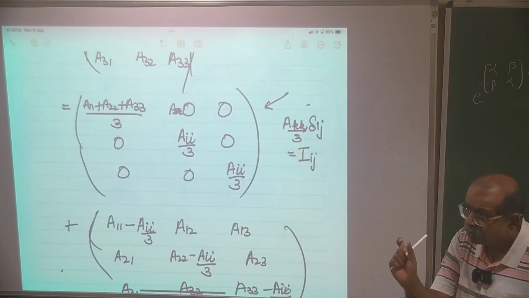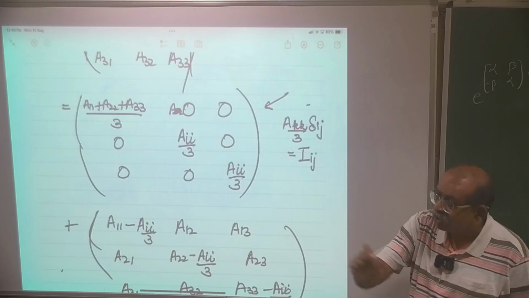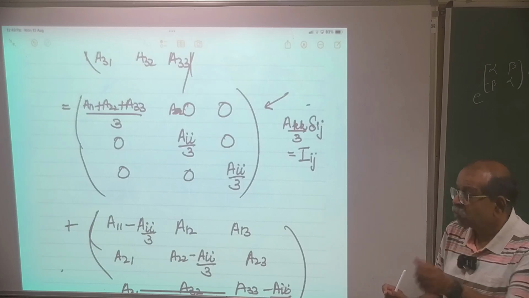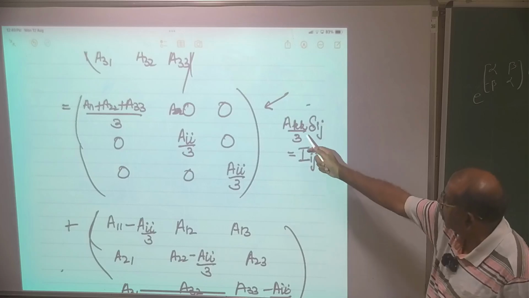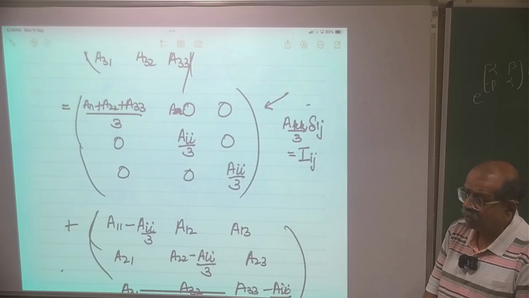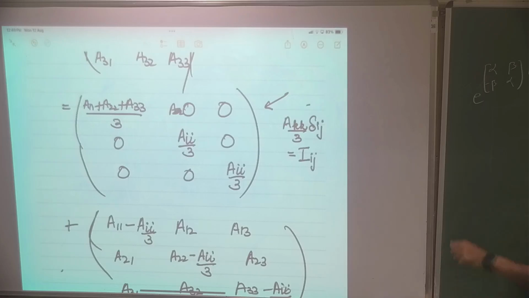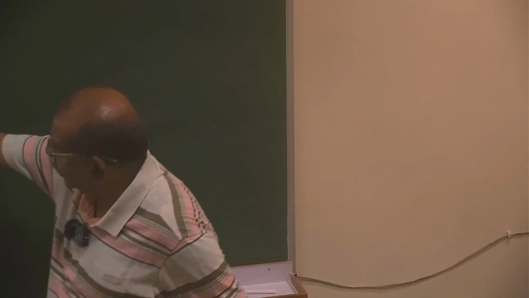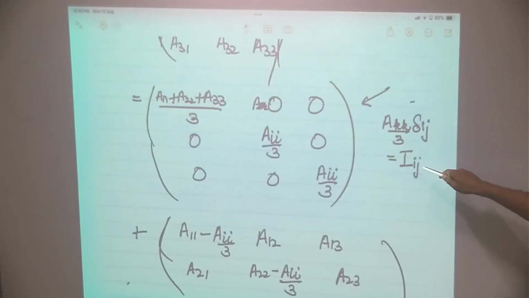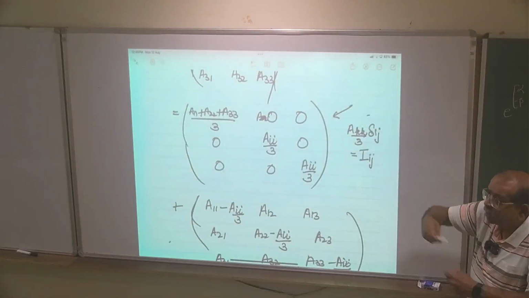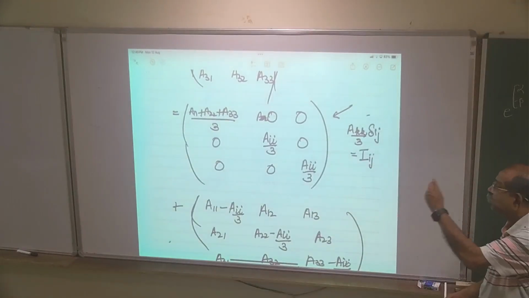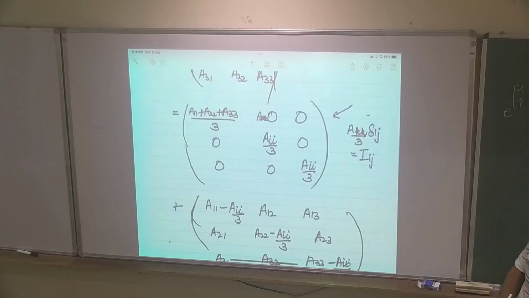Once an index is repeated, it has to be summed upon. That is why I used AKK here. So AKK means A11 plus A22 plus A33, because in each of these Iij, this K cannot show up alone. K shows up as a sum, so you always have to sum.